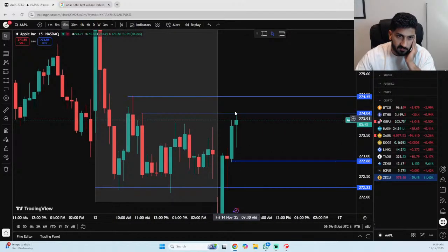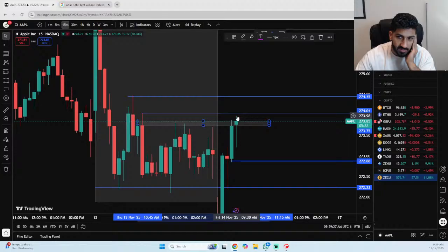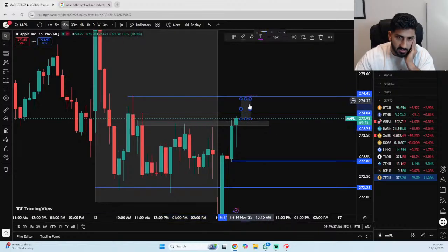With volume, if price breaks and closes above this area, so if this candle closes within 273.85 to 274, the next candle could push up to these areas, and you could have maybe one smaller wick like this.